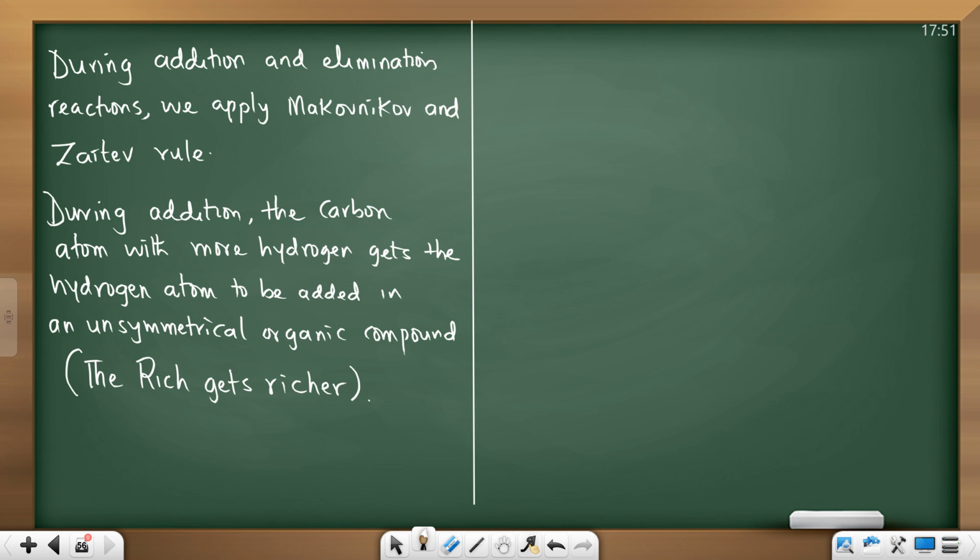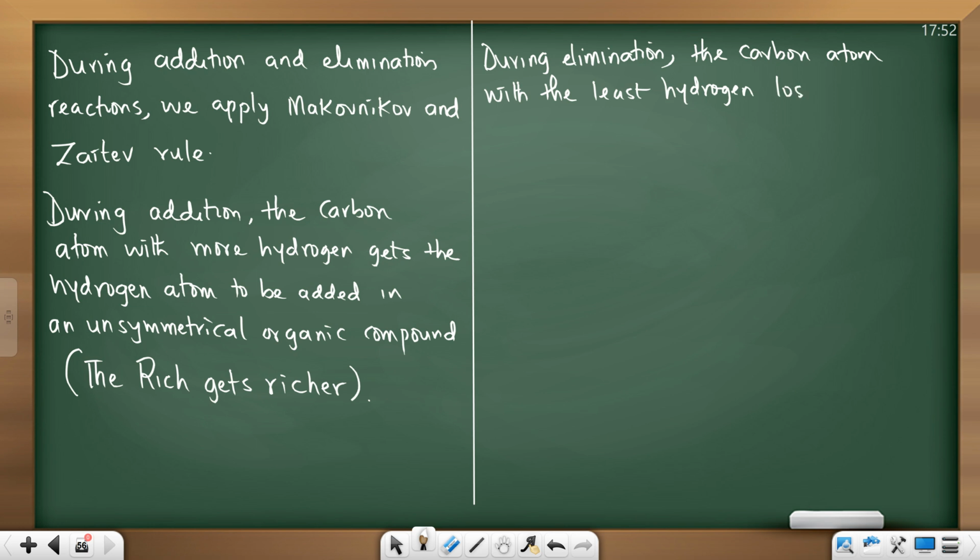During elimination, the carbon atom with the least hydrogen loses its hydrogen.